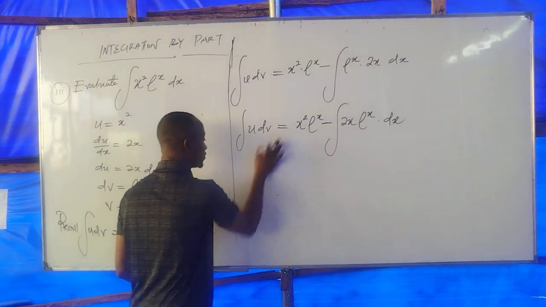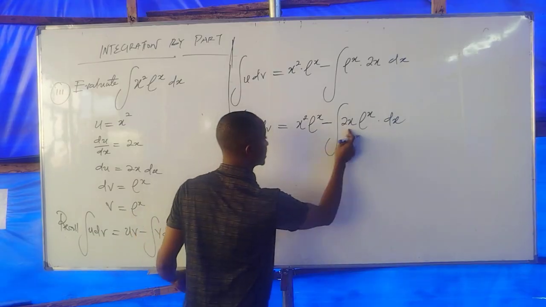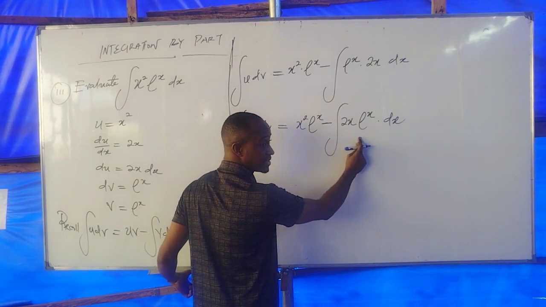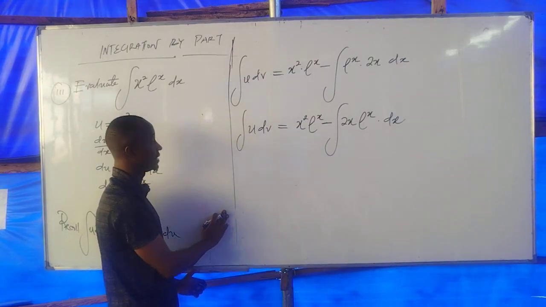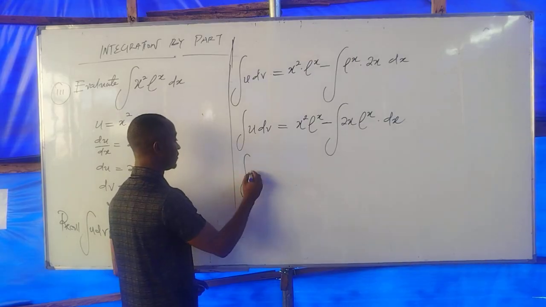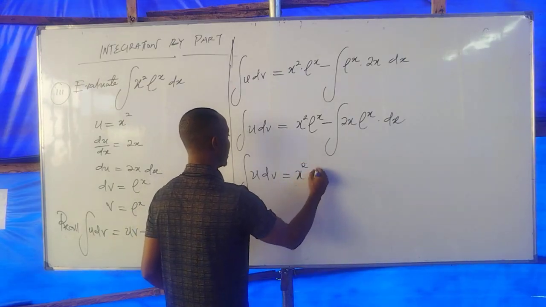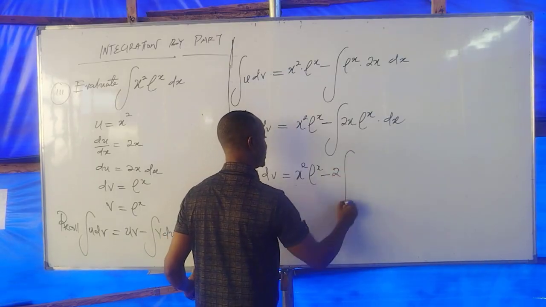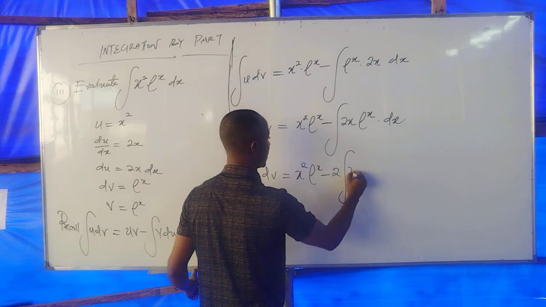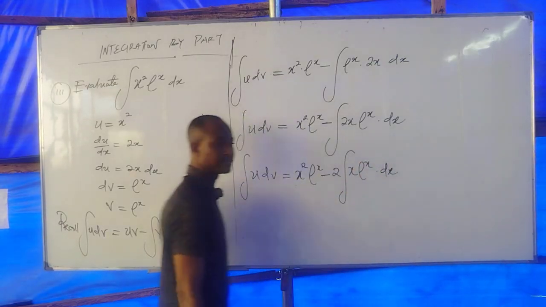But what we have to do here is bring these two out, then integrate only x exponential x. Is it making sense? Okay. So that means here the integral of u dv equals x squared exponential x minus 2 integral of x exponential x dx.